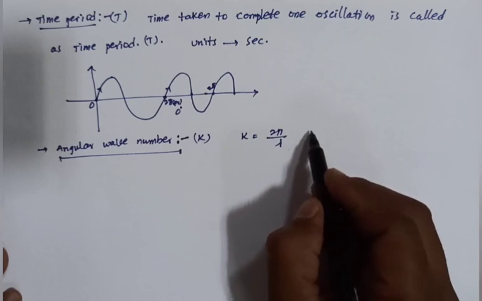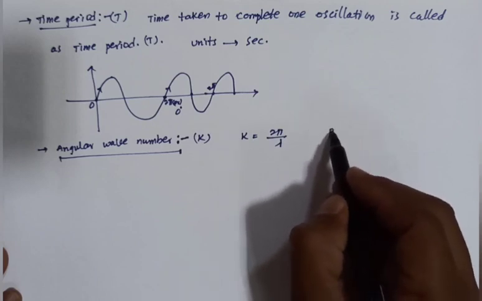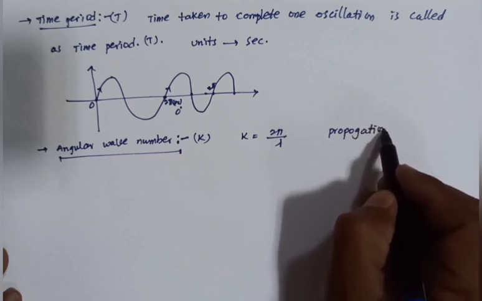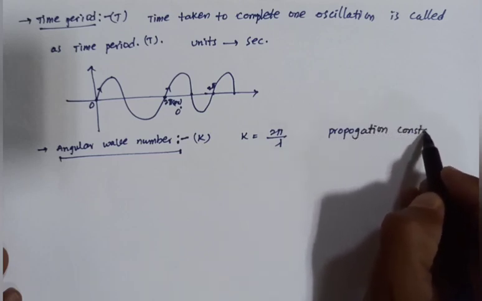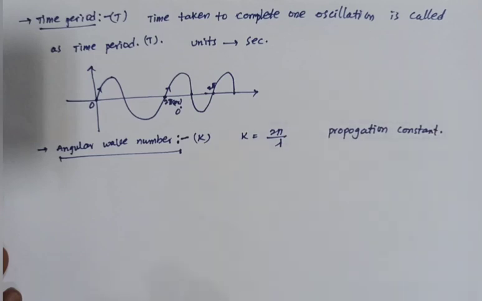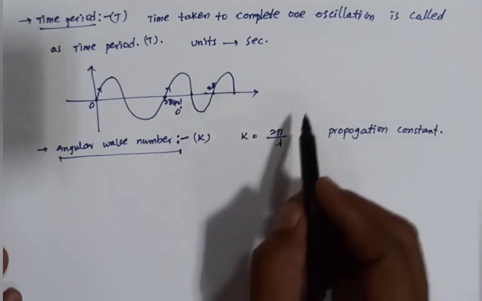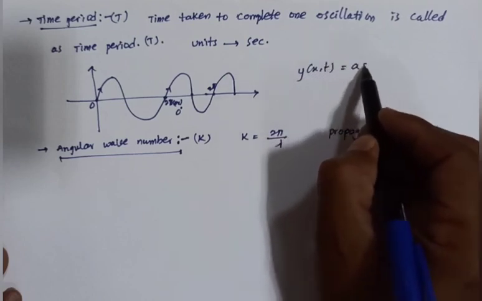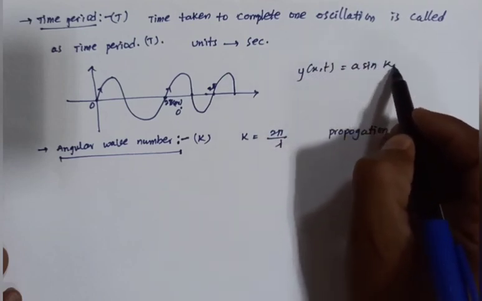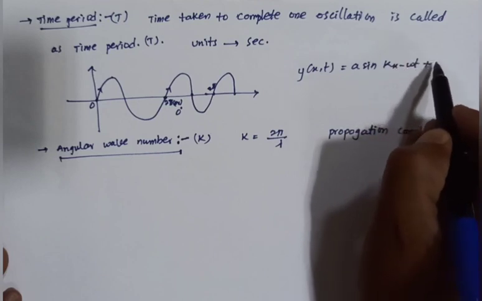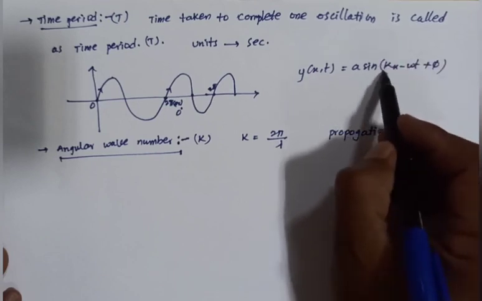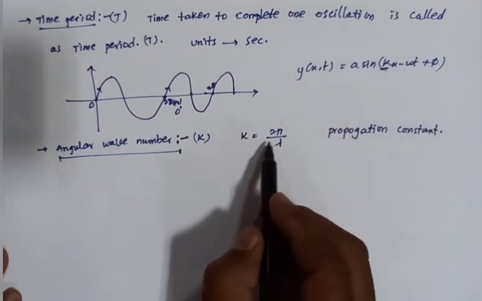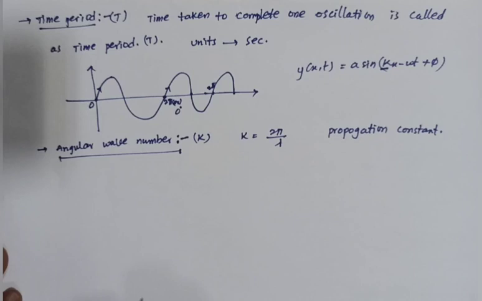Okay, k is the propagation constant. With y of x comma t equals a sin(kx minus omega t plus phi), in this equation k is a propagation constant, k equals 2 pi by lambda.